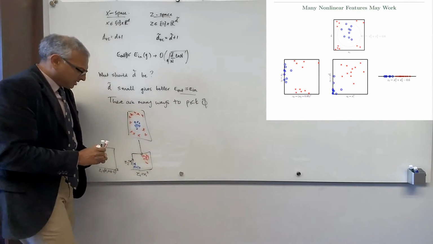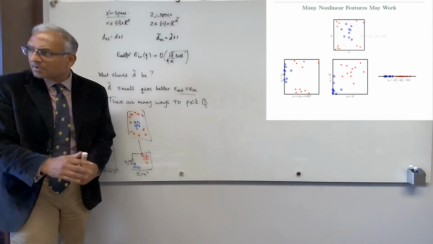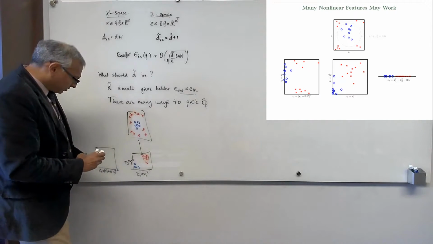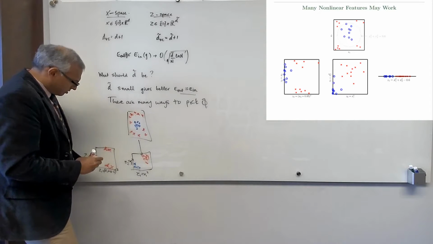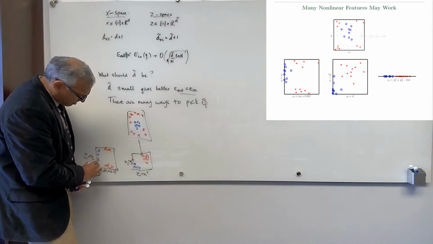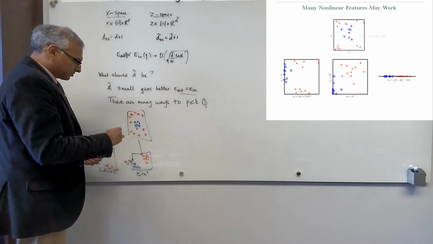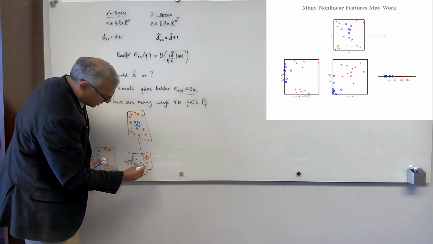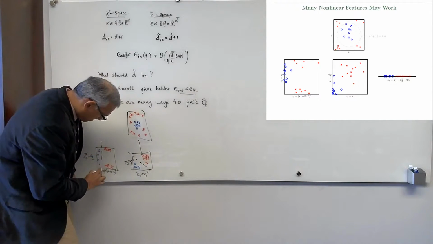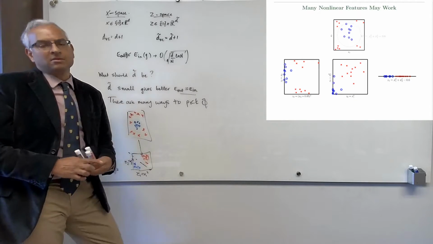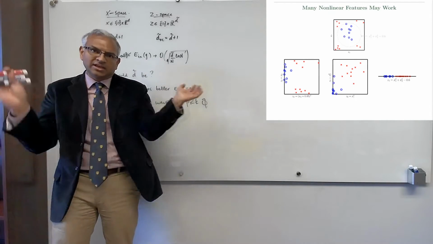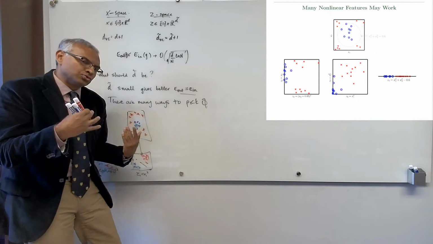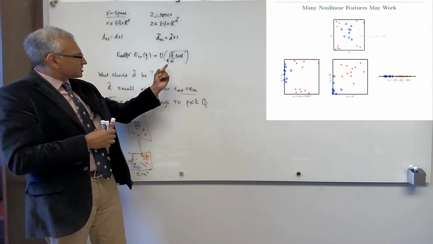And this transform succeeds in separating the data by putting the reds sort of on the right and the blues on the left. And so in both cases, here you can separate with this line, here you can separate with this line. As you can see, there are many different feature transforms that one could choose which accomplish the goal of getting E in small, and we want to choose the one with the smallest dVC tilde.